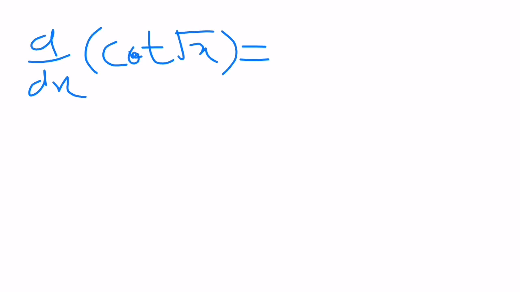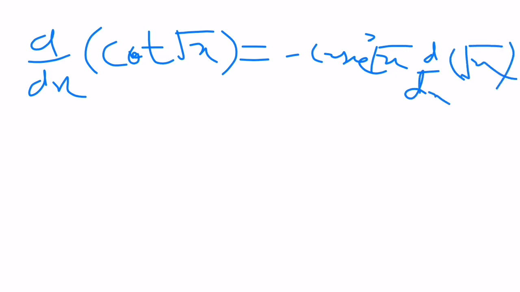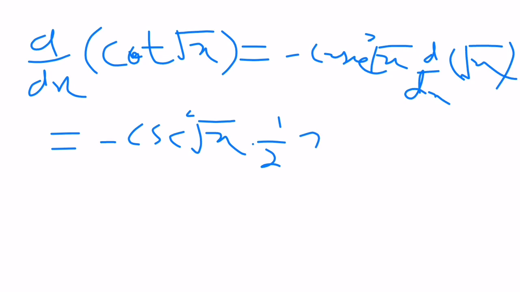We know that the derivative of cotangent is minus cosecant square, and the derivative of square root x is 1 over 2 x power minus 1 over 2.